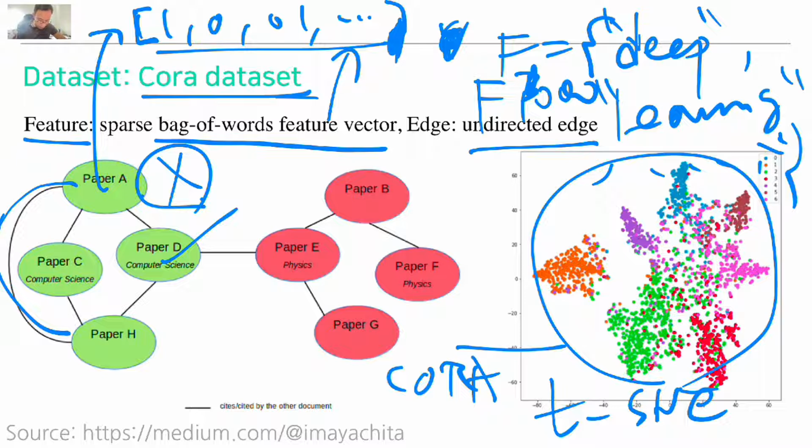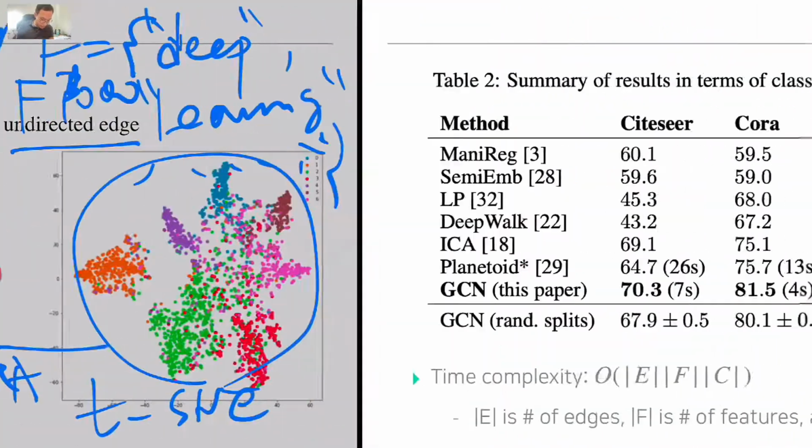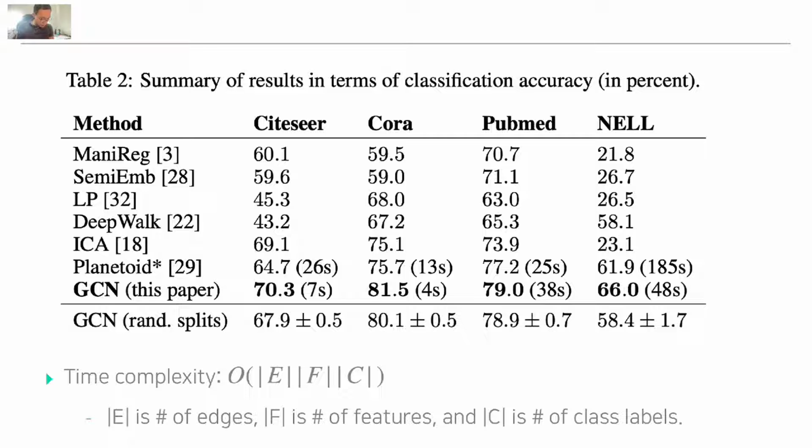The color represents the conference domain: whether it is a physics paper, a computer science paper, or some system paper, something like that. They are well identified.